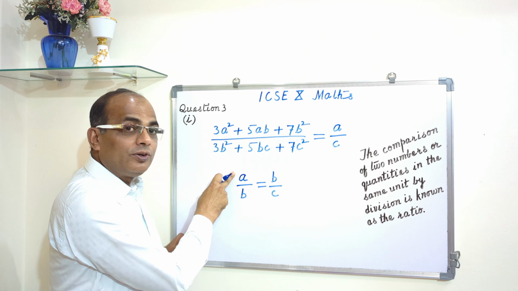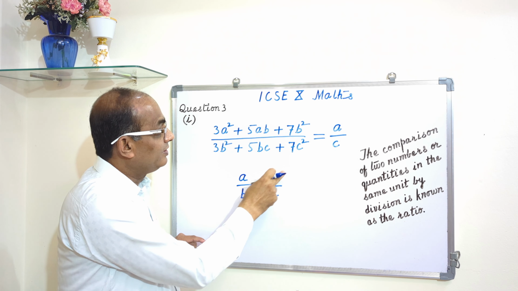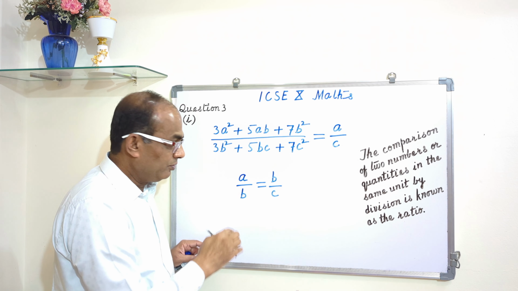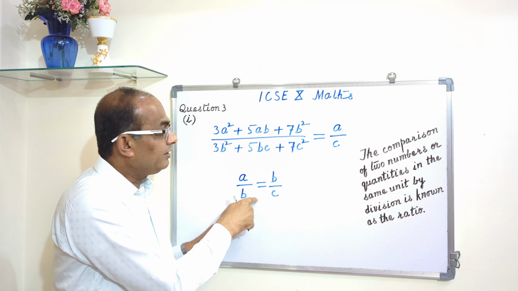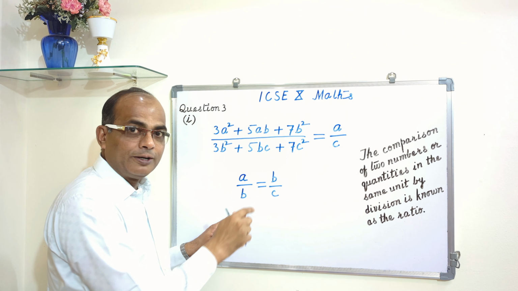That means the first quantity upon the second quantity is equal to the second quantity upon the third quantity. The ratio of the first quantity to the second quantity is equal to the ratio of the second quantity to the third quantity. This is common.